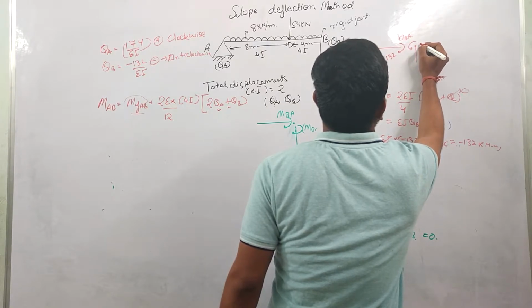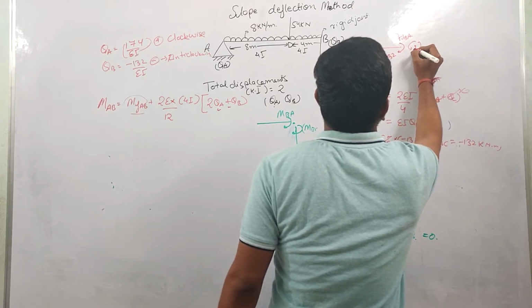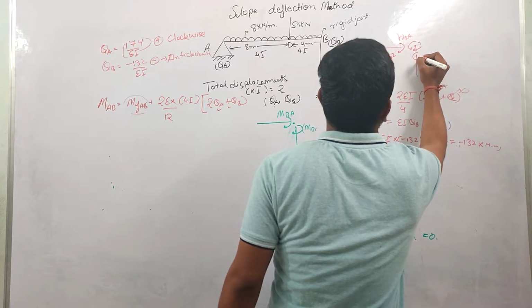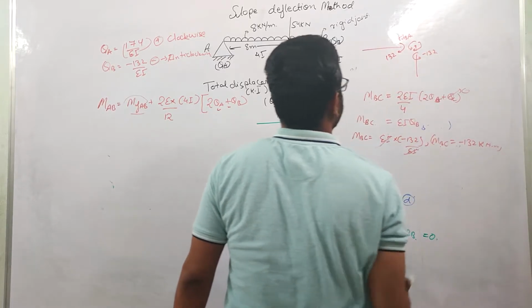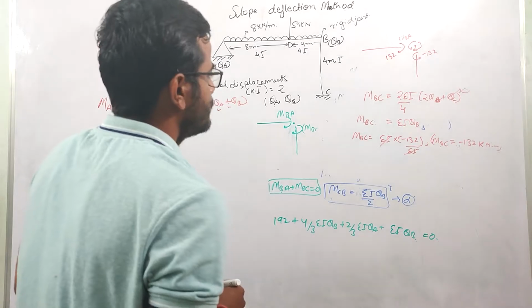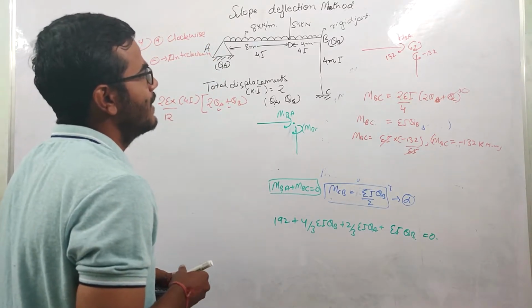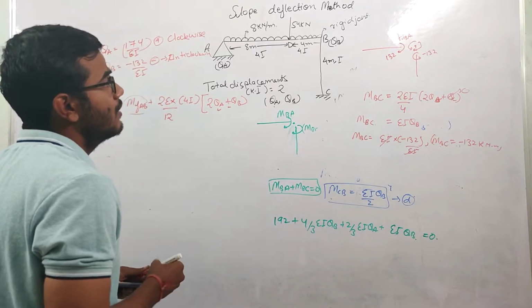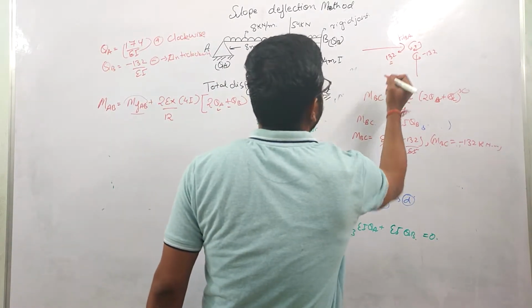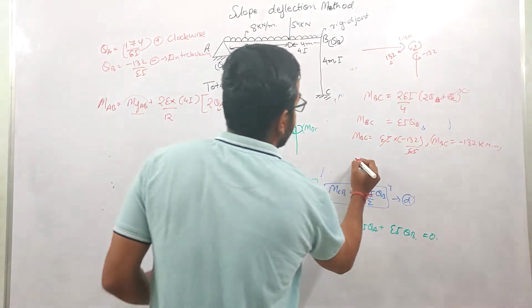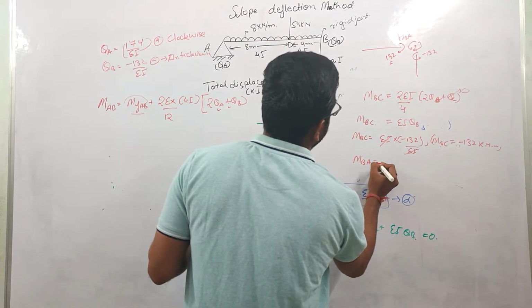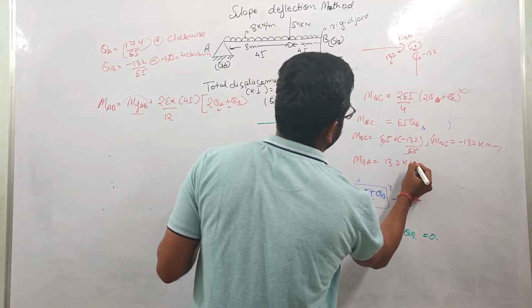To balance this, there will be a clockwise movement, and again on this member there will be an anti-clockwise, minus 132, right? So with the help of MBC, we have calculated MBA, right? So this MBA is clockwise movement, so the MBA value will be 132 kilonewton meter.